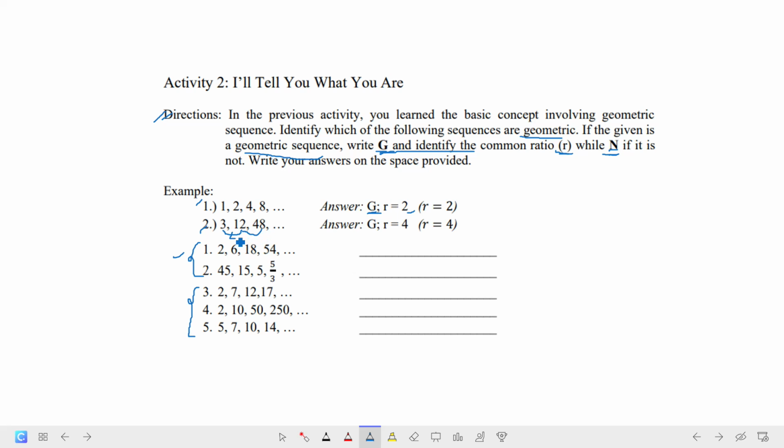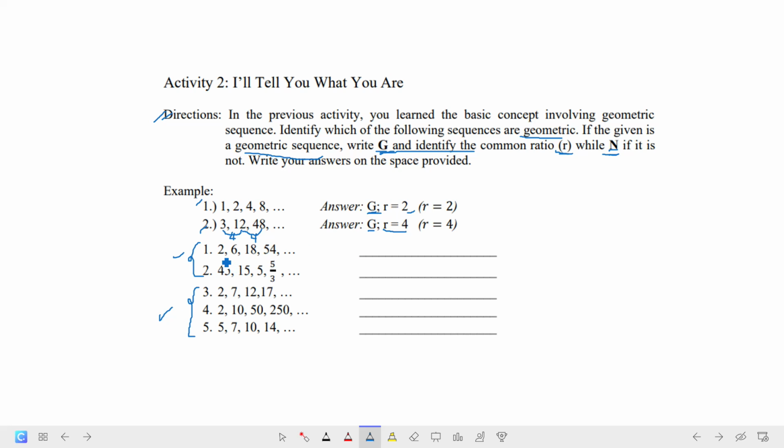So I guess we just multiply by 4 to each term to get the next term. 3 times 4, 12, 12 times 4, 48. So therefore, it is a geometric sequence and the common ratio is 4. Did you get it? All right, so let's proceed to these two examples, and this one is for you.